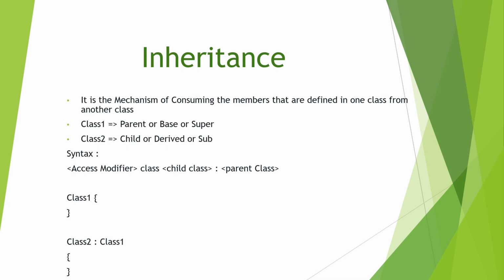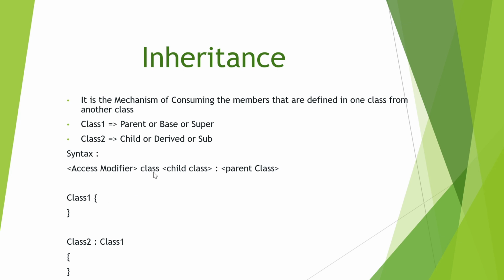Okay, so this is the syntax, how you will declare a class and then inherit it into another class. This is my class 1, and then you can see this is class 2, which is inheriting class 1. So the syntax is, first you have to provide the access modifier. If you do not provide the access modifier, by default the class access modifier is internal. Okay, so I have not provided the access modifier, so it will be internal.